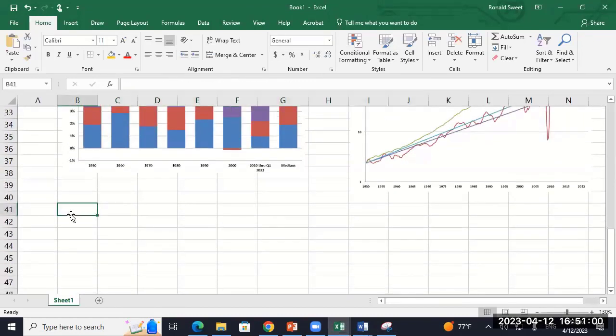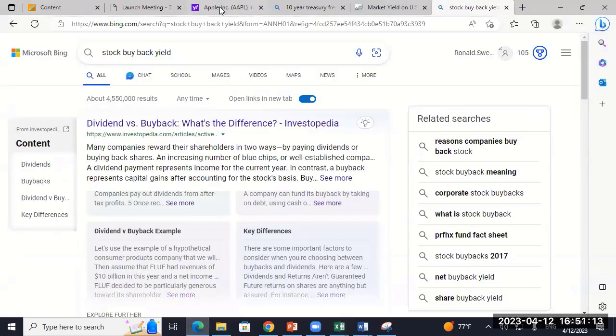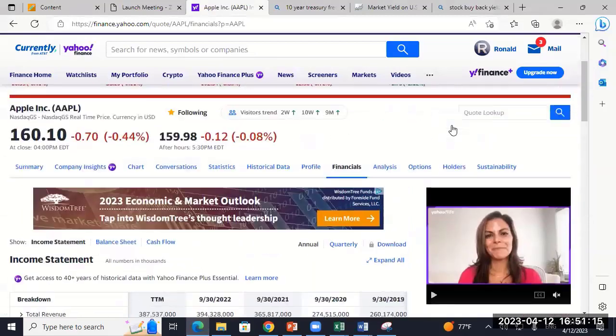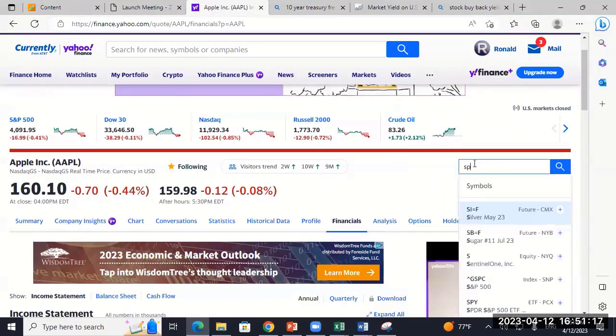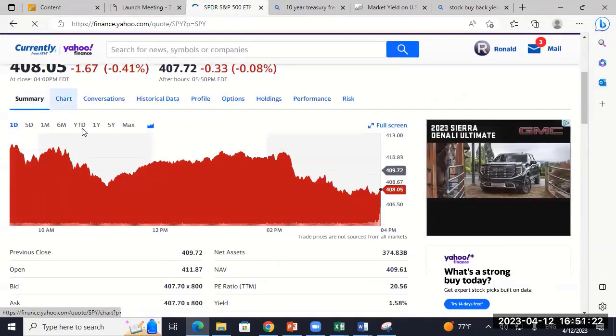So I'm going to go to the dividend yield. Right now, how do I get that? Well, I just go get the dividend yield on SPY because SPY is the S&P 500. So if I go into Yahoo Finance and type in SPY, SPY comes up.